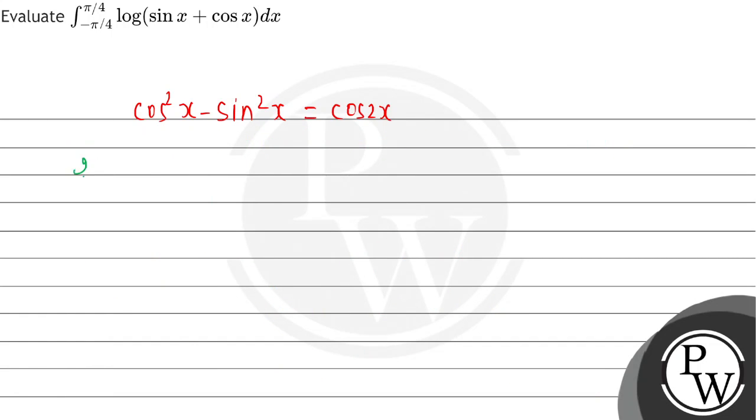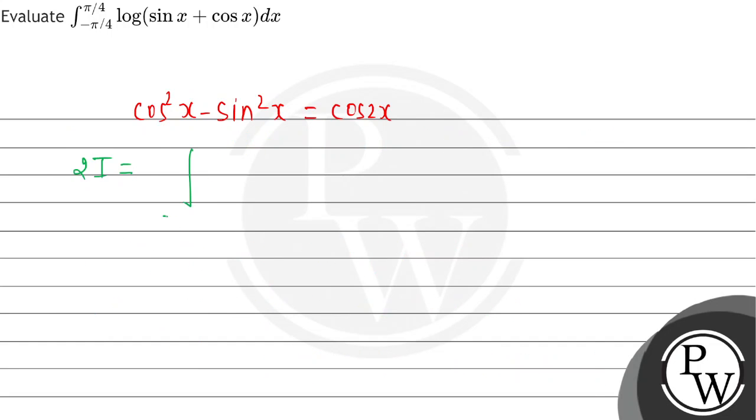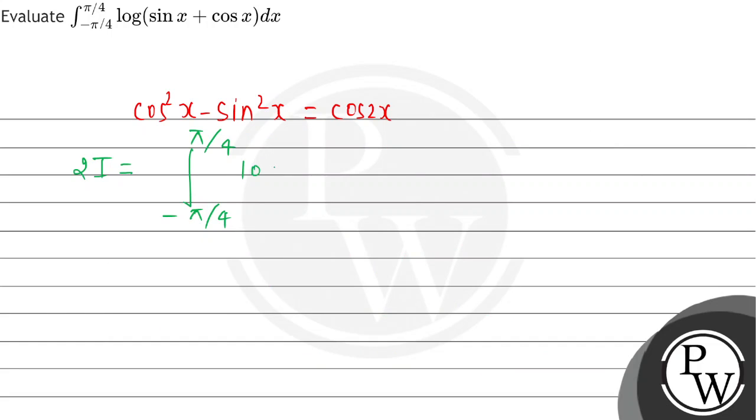So we can write 2I is equal to integration from minus pi by 4 to pi by 4 log cos 2x dx.